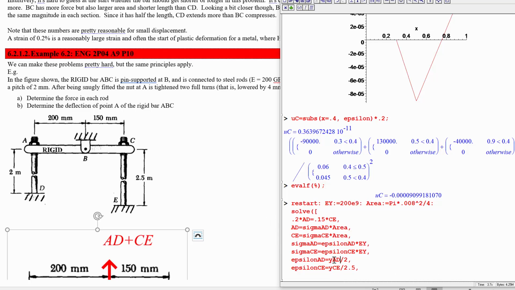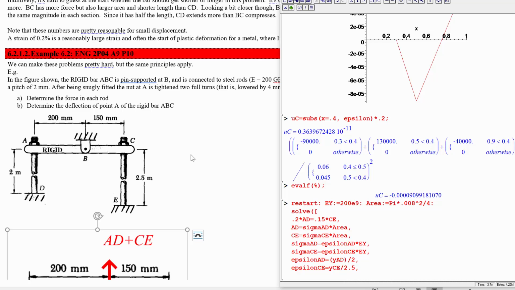But there is a bit of a trick here, which is that we have pre-tensed this nut. So we've turned this by 2 full turns, 4 millimeters. So you can imagine the starting point, this holds still, and then imagine for an instant, we did that turn really quick and we put 4 millimeters of tension into this rod.